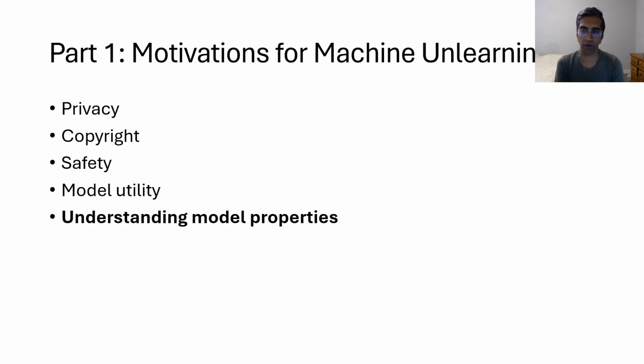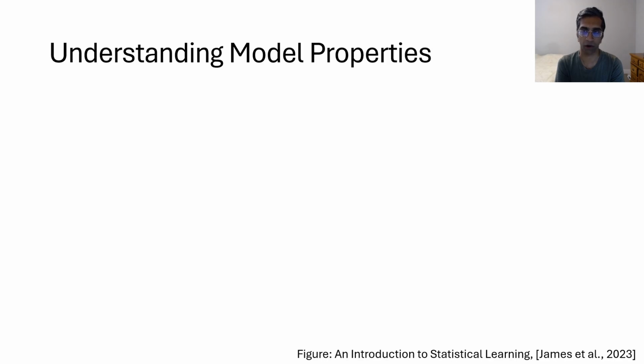As one final motivation, a very classic motivation, machine unlearning can also be useful in terms of understanding model properties. A classic technique in statistical learning is leave-one-out cross-validation.